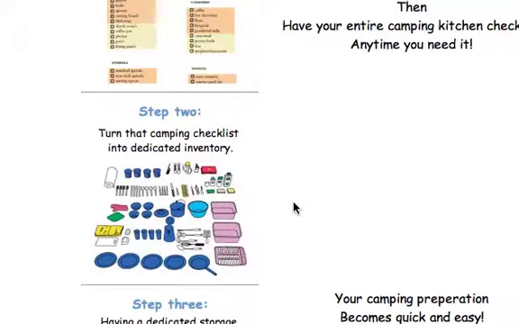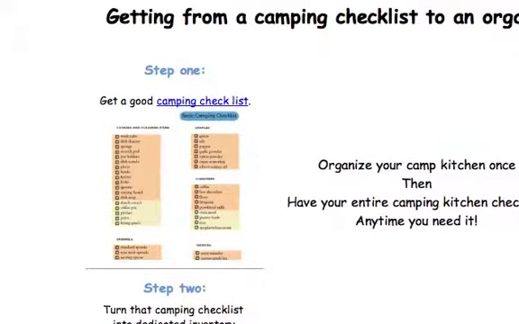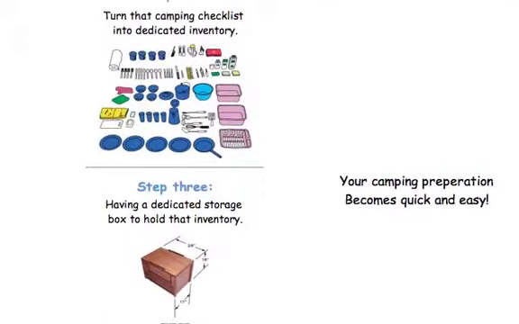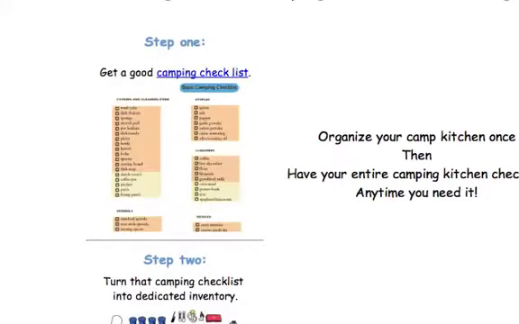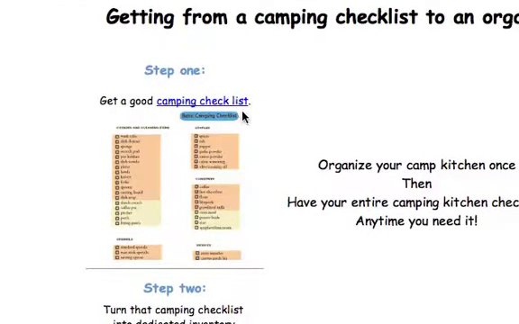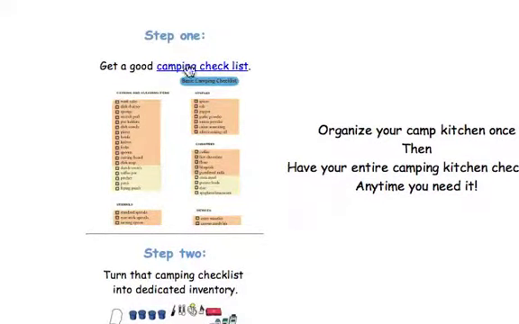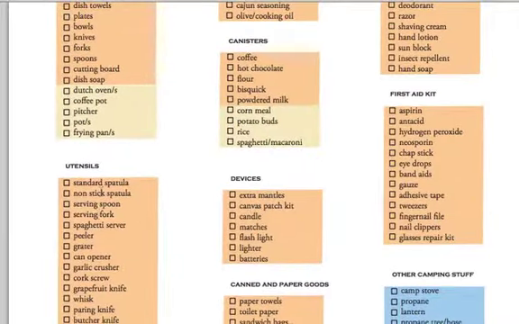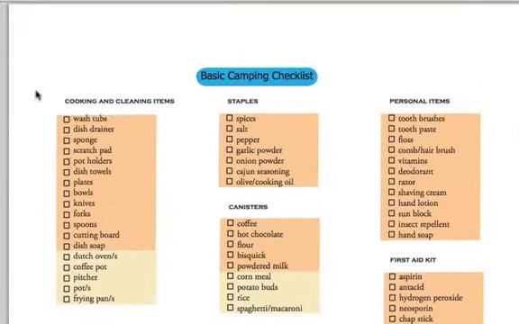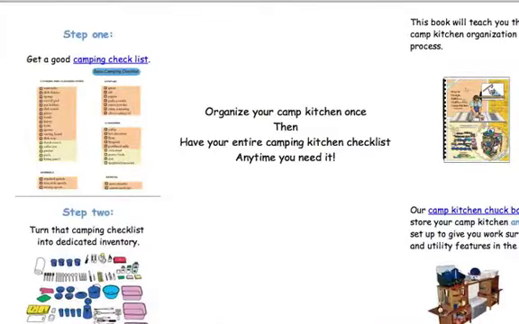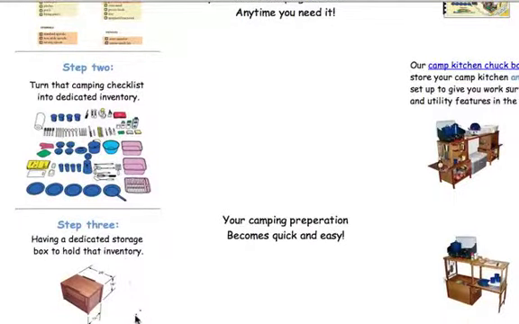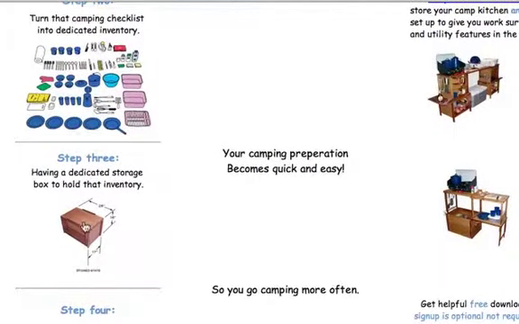So this takes us to another site. This might be the same guy's site. It looks the same. Get a good camping checklist. Okay, here's a PDF. Have a dedicated storage box to hold that inventory.